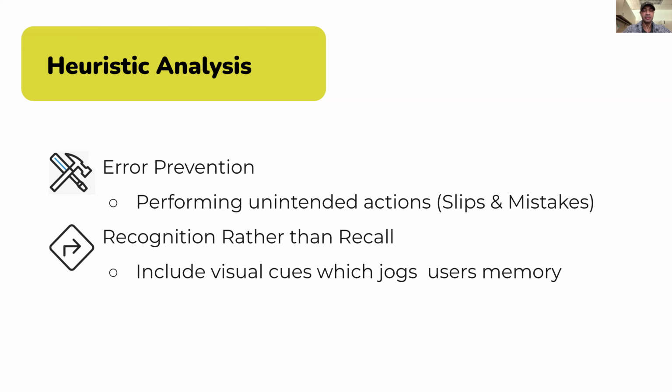Having a little placeholder in the input box helps them a lot as opposed to them remembering, oh, this website requires the phone number in this kind of format. Providing those visual cues and hints would make the life of our user very easy.